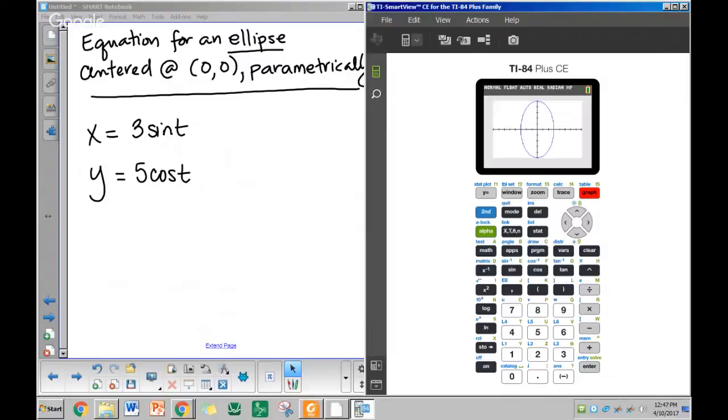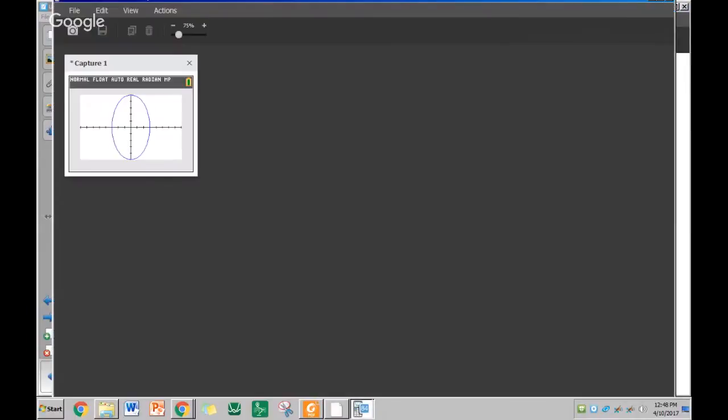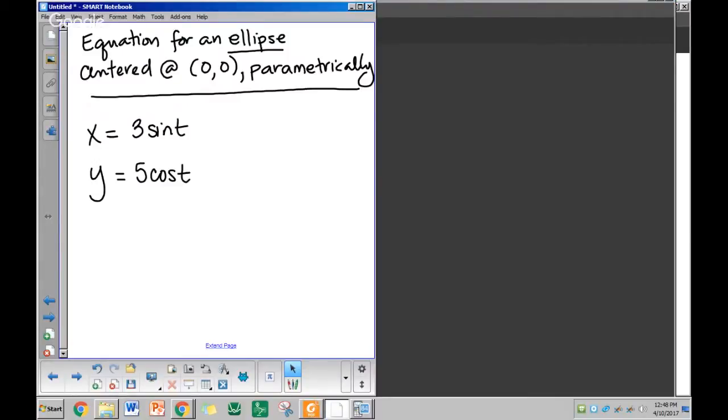We got an ellipse, didn't we? Nobody's really super jazzed about that? I'm jazzed. Why does your calculator graph it so fast? Because I have an Intel processor. She's got all the gadgets.